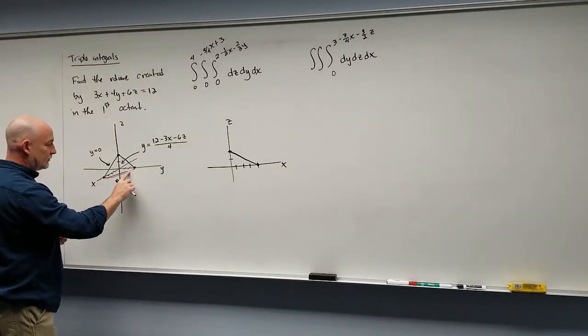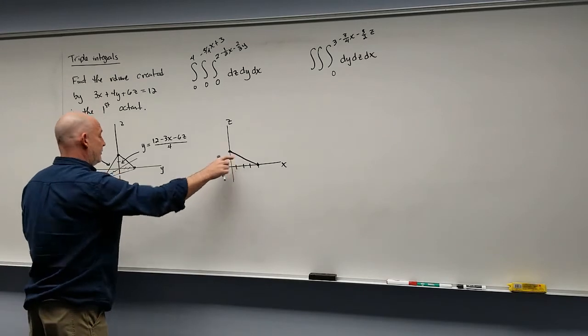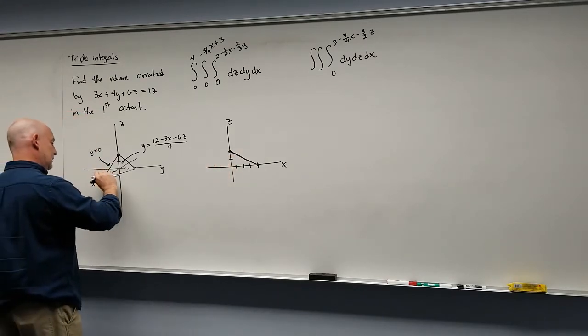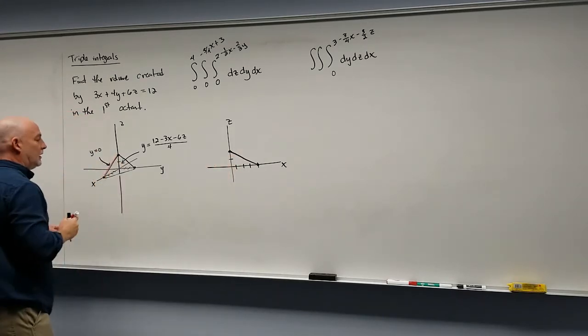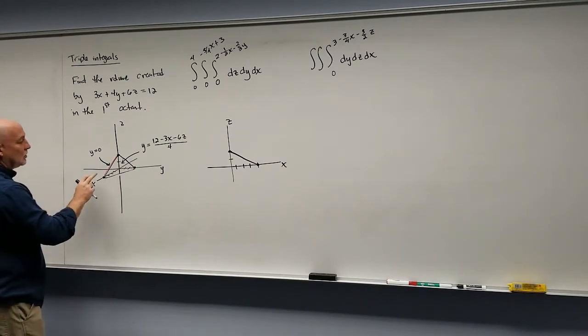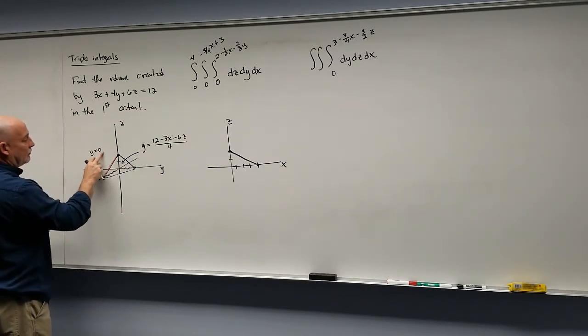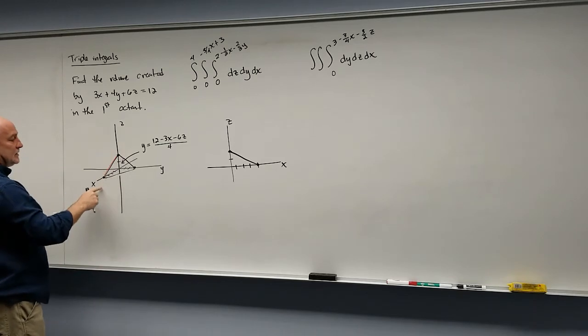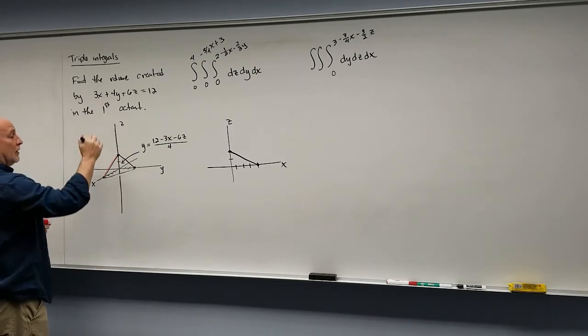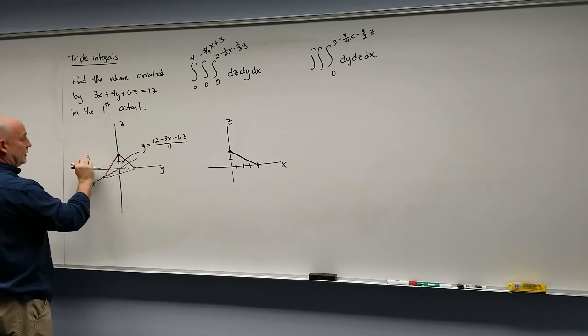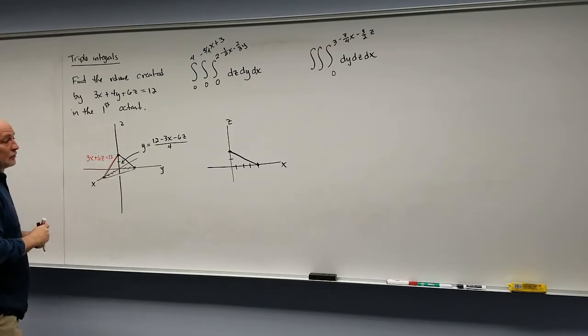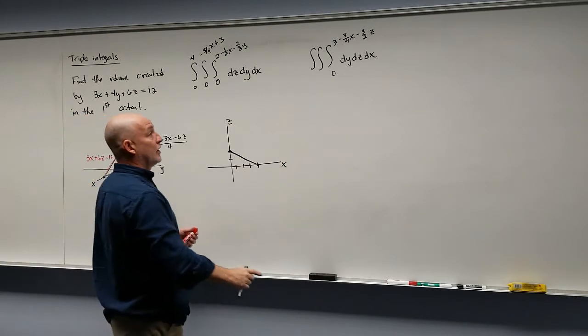So in this case, this line right here is that line. So what is the equation of this red line over here? Well, since it's in the xz plane, we know all the y's are 0. So the equation for that would be 3x plus 6z is 12. Okay, so which way do we want to go first?